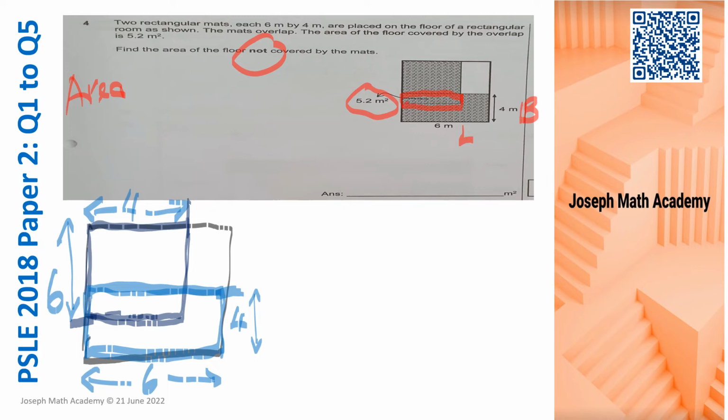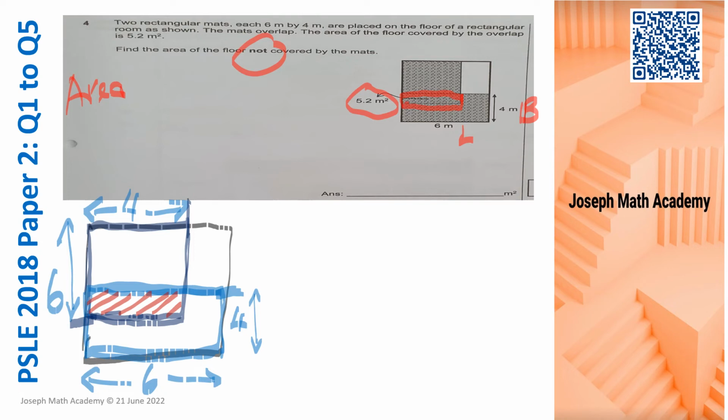Now, to tackle this overlapping figure, what we need to know is that this portion here, I'm going to highlight it red. This one is double layer. Why? Because the first layer belongs to the rectangle that is upright, and then the second layer belongs to the one that is horizontal.